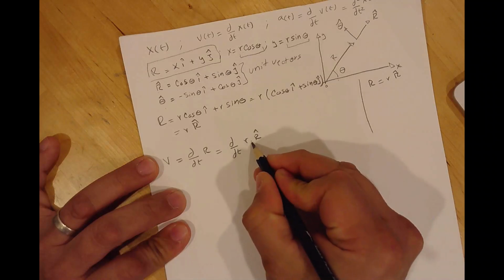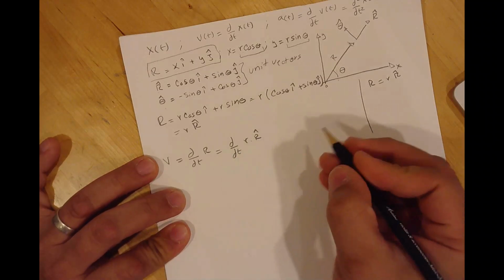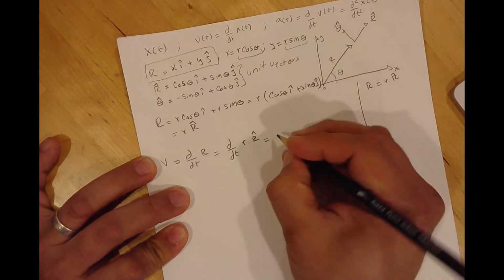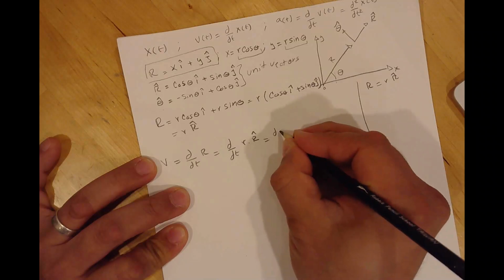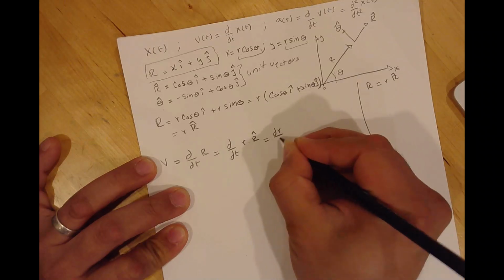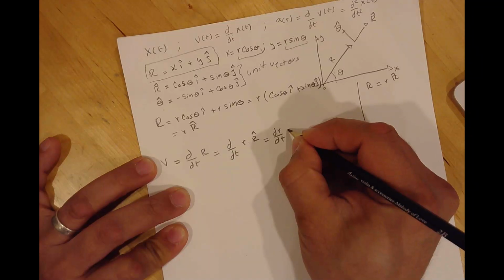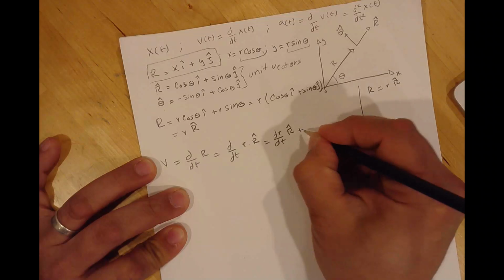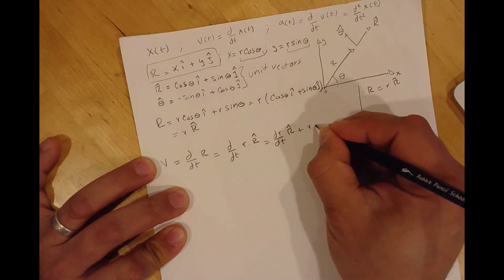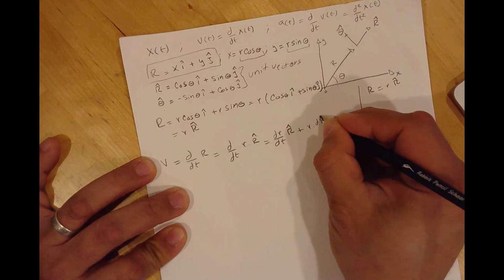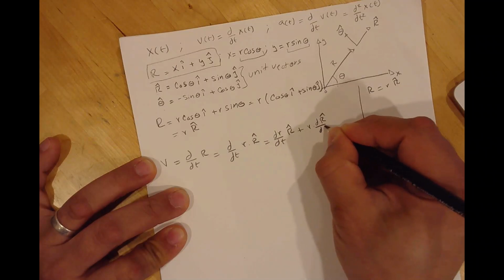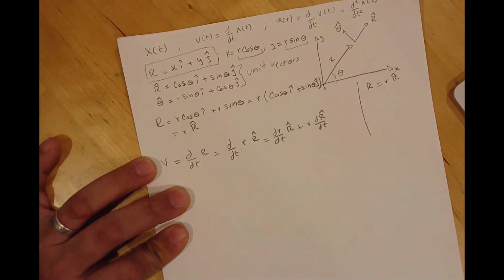This is a multiplication, so we need the product rule: the derivative of r with respect to t, keeping the unit vector as it is, plus r multiplied by the derivative of the unit vector r with respect to t.